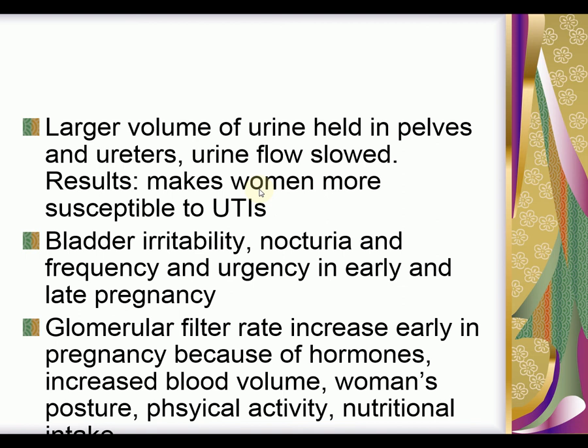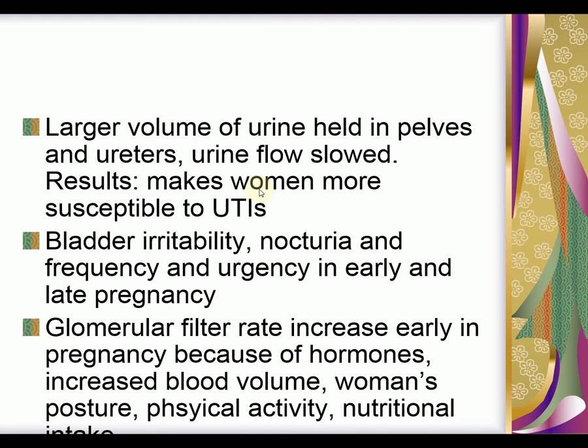If our urine flow is slowed and we're having urine stasis occurring because we're not able to get it out because of those floppy ureters, we're going to be very susceptible to urinary tract infections. We've always taught our patients, please be sure to drink plenty of water, drink cranberry juice, get those kidneys flushed out.